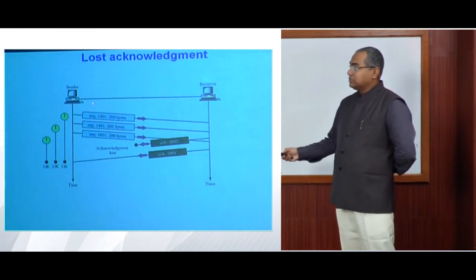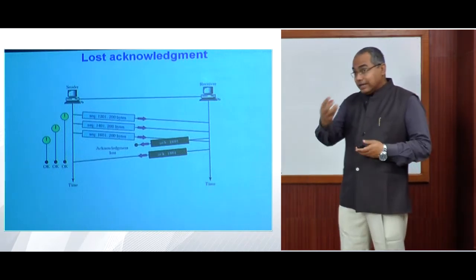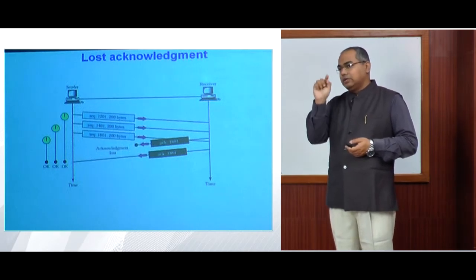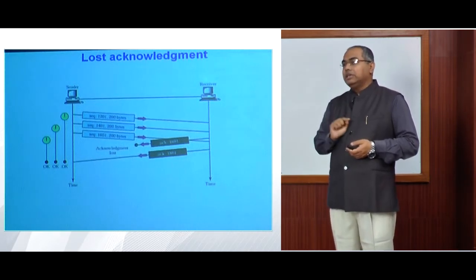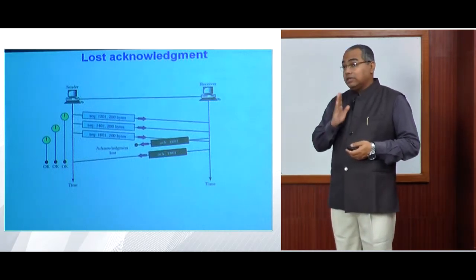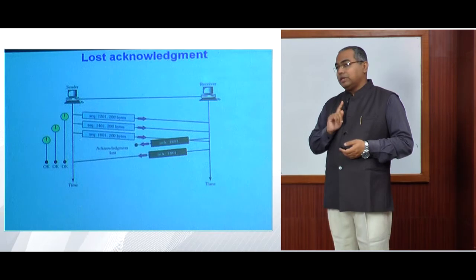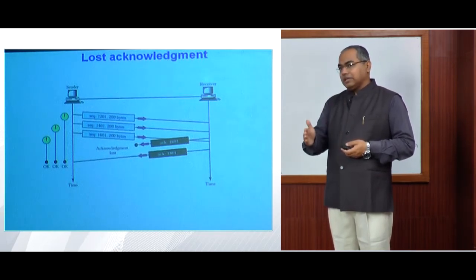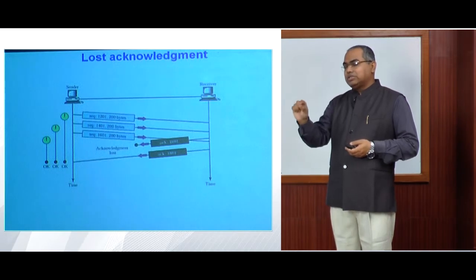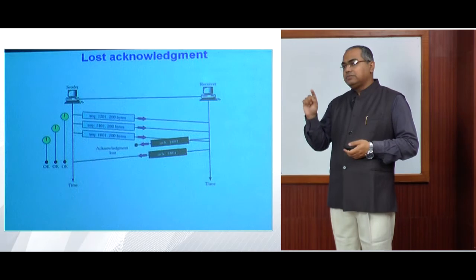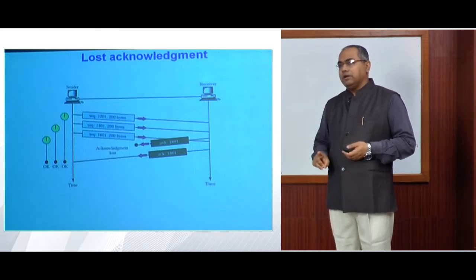Now what is understood by sender TCP? Sender TCP receives an acknowledgement numbered 1801. What does the sender TCP understand from that received acknowledgement? Anything and everything till byte number 1800 have been received by the receiver TCP properly.